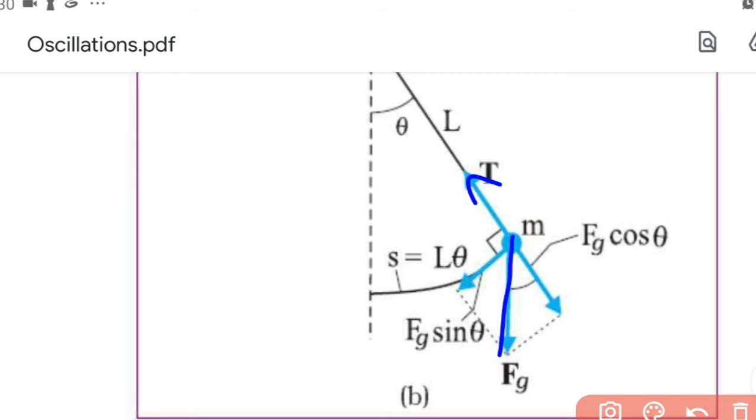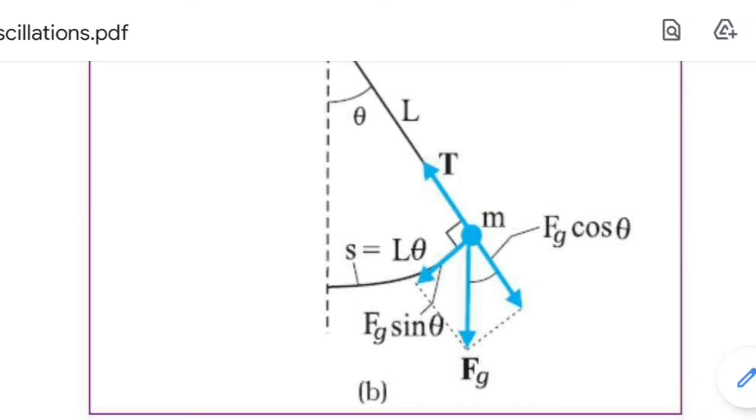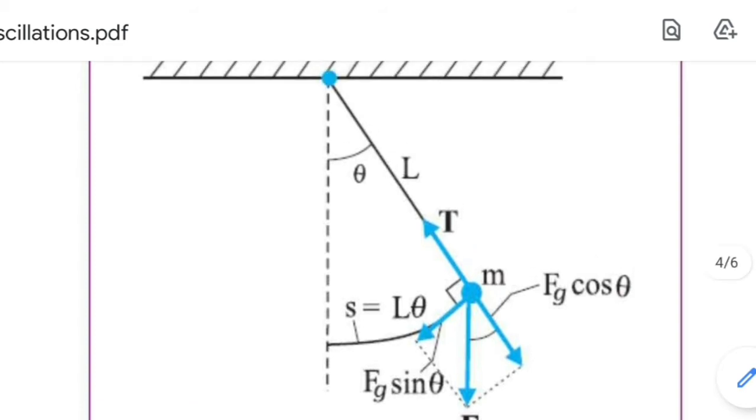Now we can resolve this weight into two components, one along the direction of tension and the other perpendicular to it. In the direction of tension, we have the component Fg cos theta, and perpendicular to the direction of tension, we have the component Fg sin theta. Here, theta is the angle made by the string with the vertical. Here the vertical means the direction which is taken by the string when it is not oscillating.